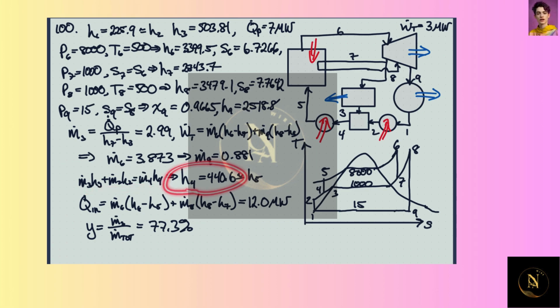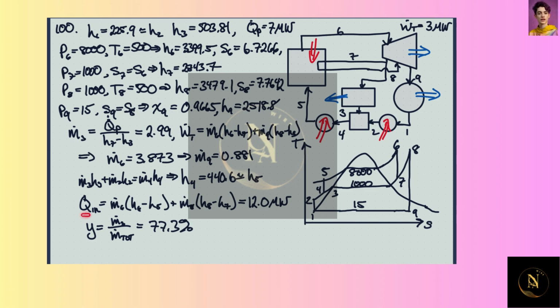And we can get h4, and we're going to assume, again, that h4 and h5 are roughly the same, and that basically the work into this pump is negligible compared to, it's easily 10 kilowatts, and here we got 3 megawatts. So there's orders of magnitude difference here. So we'll make that assumption.